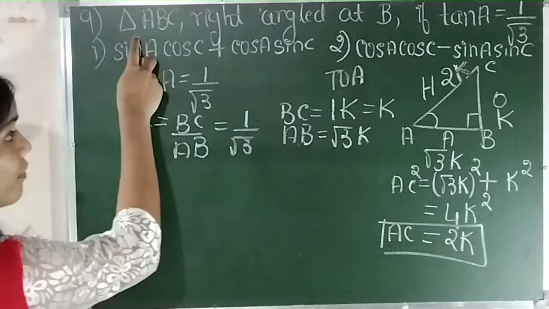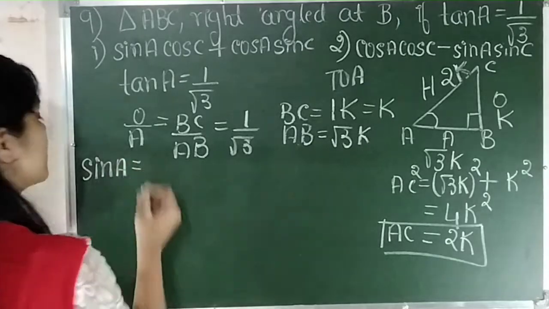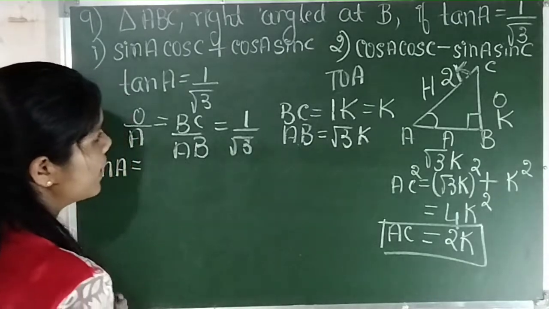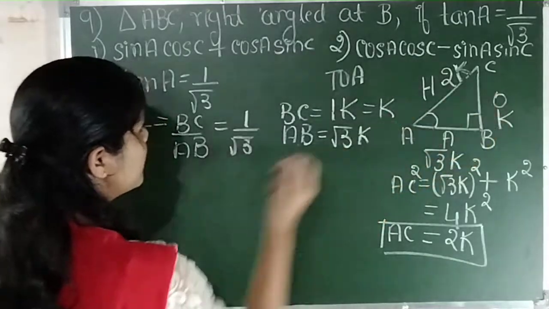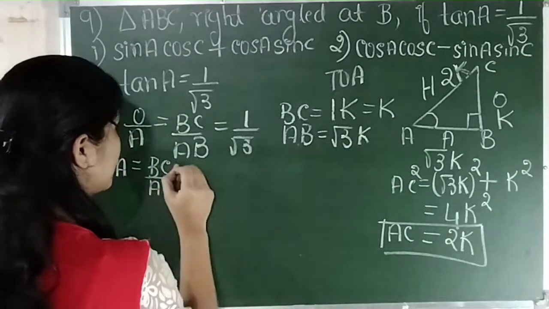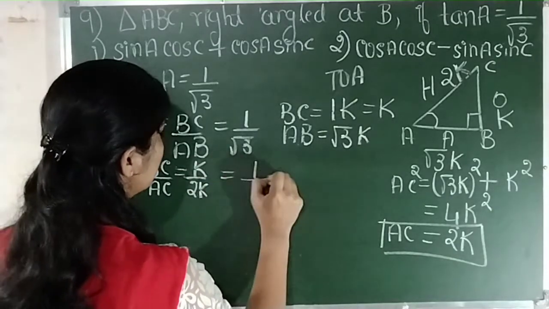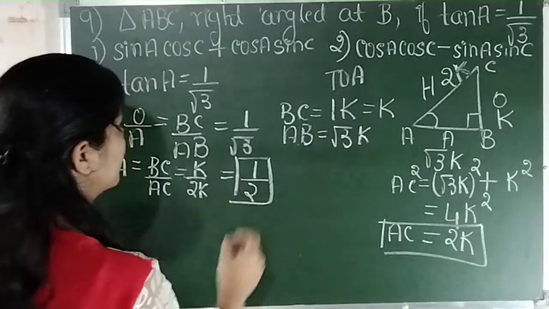Now find the value of sin A. Sin A is nothing but opposite by hypotenuse. Opposite is BC divided by AC, K by 2K. So the value is 1 by 2.